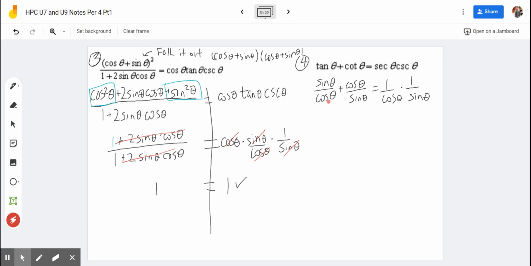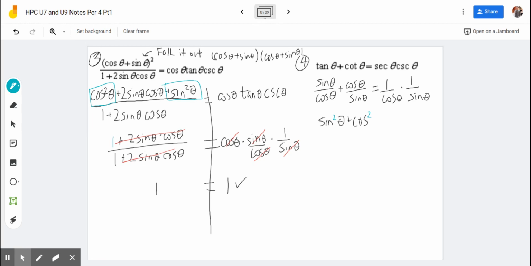So it looks like it's going to be cosine times sine. We're going to multiply the numerator and denominator of this first term times sine. So that'll give us, instead of sine there, sine squared theta plus, and then we will multiply cosine times cosine, so that'll give us cos squared.